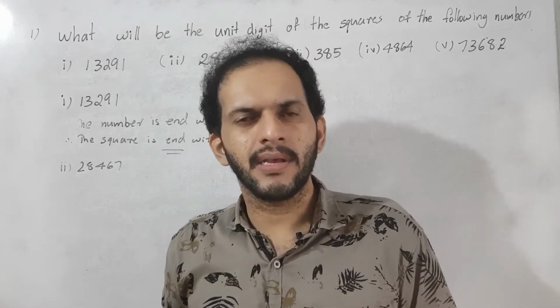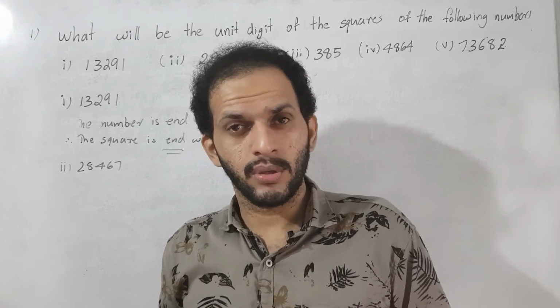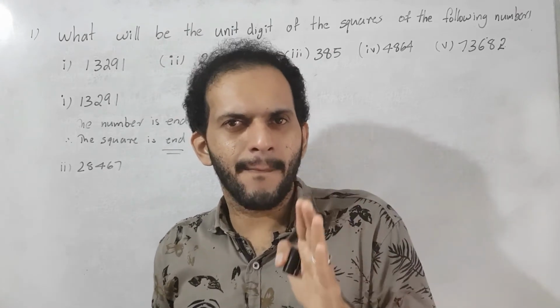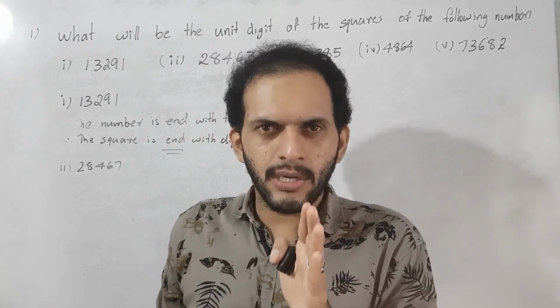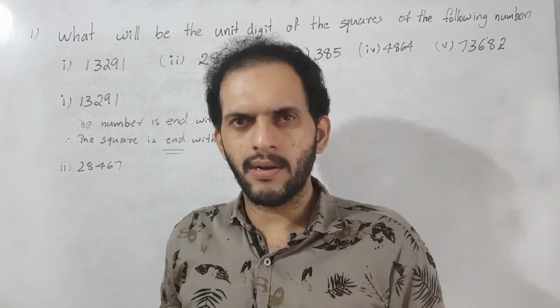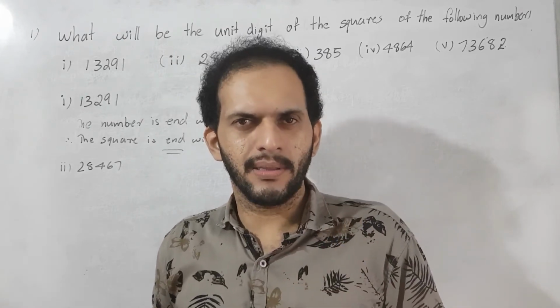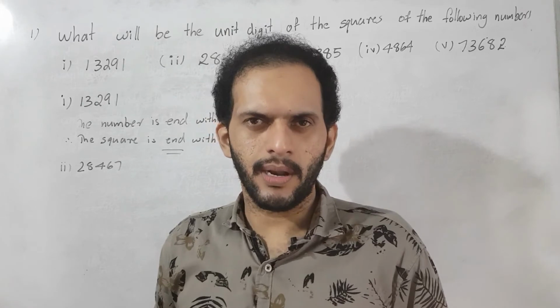Whose squares end in the digit 9? That's also studied. If the number ends with the digit 3 or 7, then the square must end only with the digit 9. Correct?